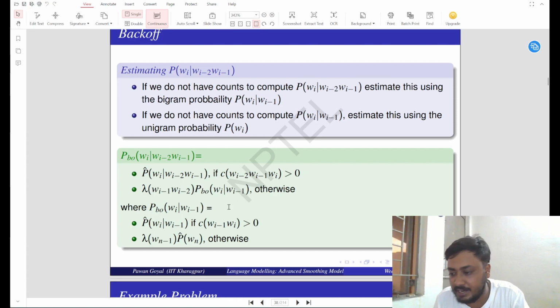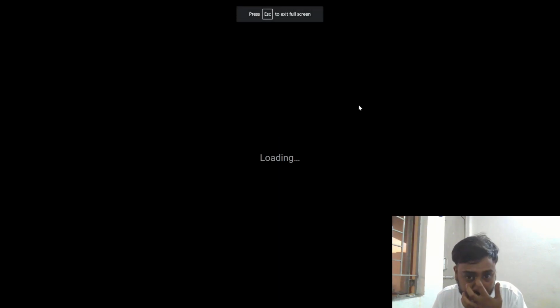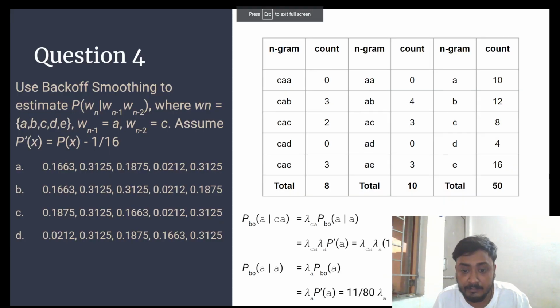The question which must be on your mind is, how do we get the weights? That I'll discuss. That is the main part about back off, calculating the weights. Because unlike the previous model where you were given the values of two lambdas and had to find the third lambda.